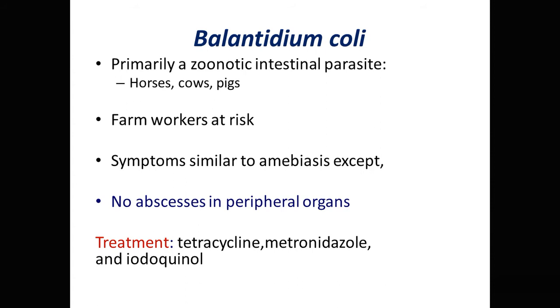It is mainly a zoonotic infection, but people who have contact with animals, for example farmers, are at risk of developing this infection. And treatment can be done with antibiotics like tetracyclines, also metronidazole, and iodoquinol.